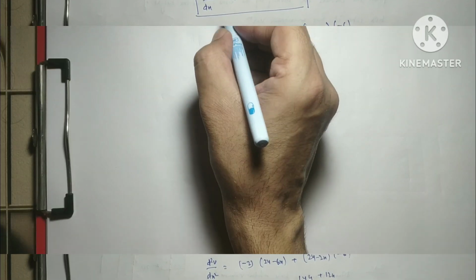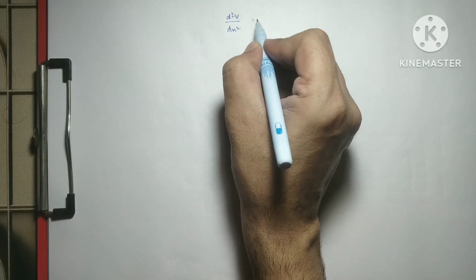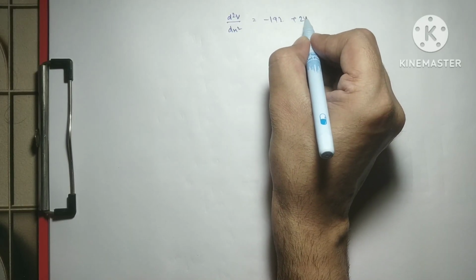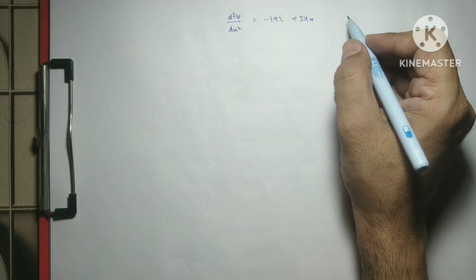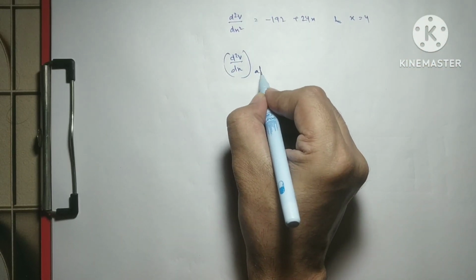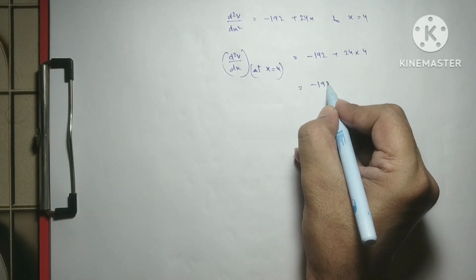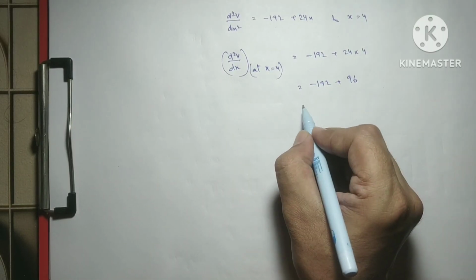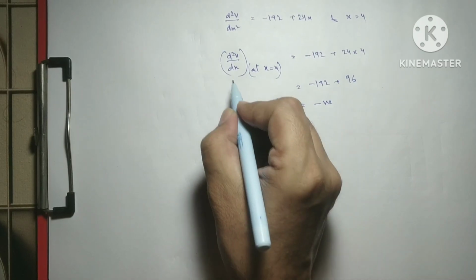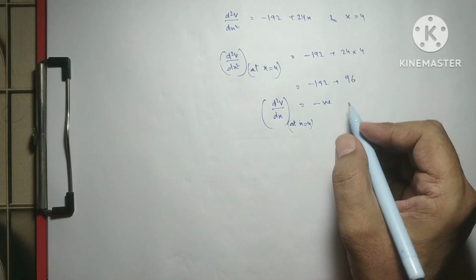So the answer is x equals 4. Right now we have d2v over dx square at x equals 4, which is 24 times 4 minus 192, and so d2v over dx square is negative.